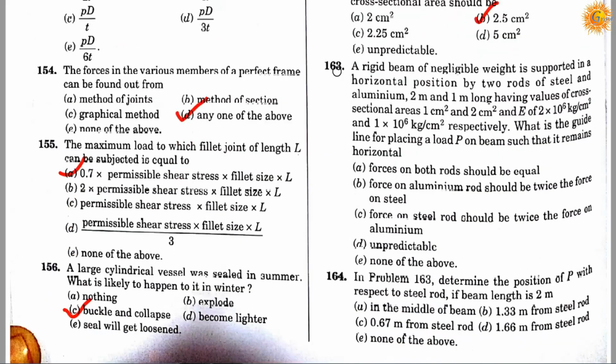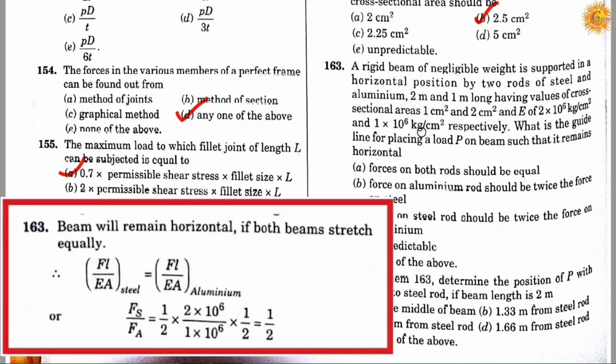Question number 163. A rigid beam of negligible weight is supported in a horizontal position by two rods of steel and aluminium, 2 meter and 1 meter long, having cross-sectional areas 1 centimeter square and 2 centimeter square, and E of 2 into 10 the power 6 kg per centimeter square and 1 into 10 the power 6 kg per centimeter square respectively.